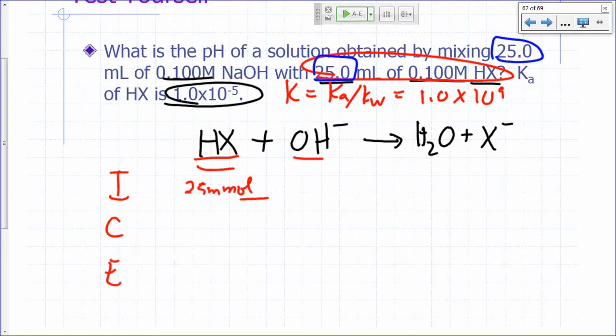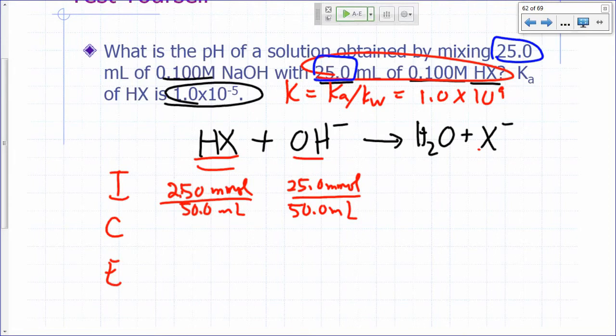So 2.50 millimole out of 50.0 mL. What's my initial hydroxide concentration? Same thing, right? 2.50 millimole out of 50.0 mL.